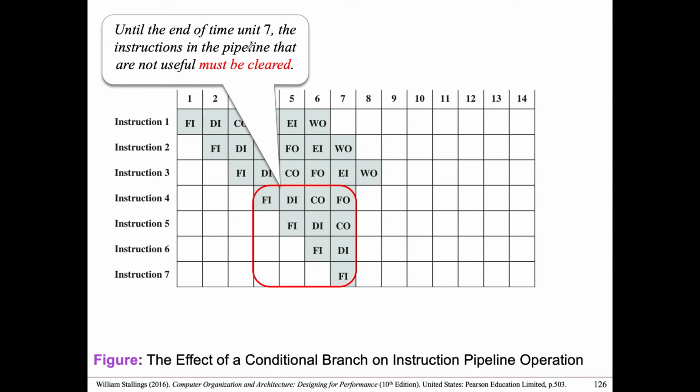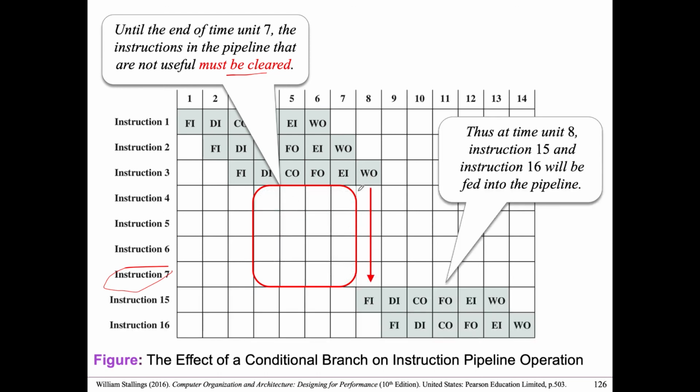Until the end of that time, which is instruction 7, the instructions in the pipeline that are not useful must be cleared. So this one is not useful, then you need to clear it first. At time unit 8, instruction 15 and instruction 16 will be fed into your pipeline.